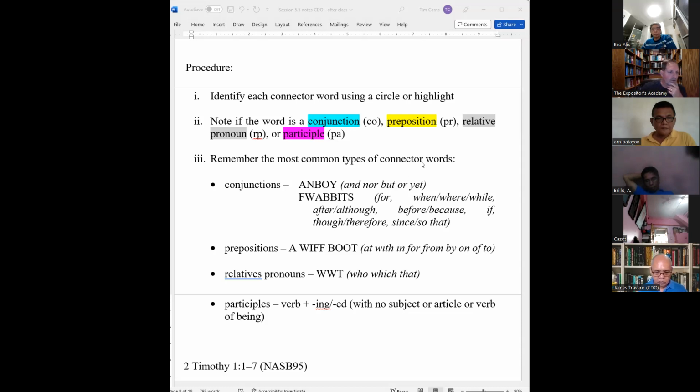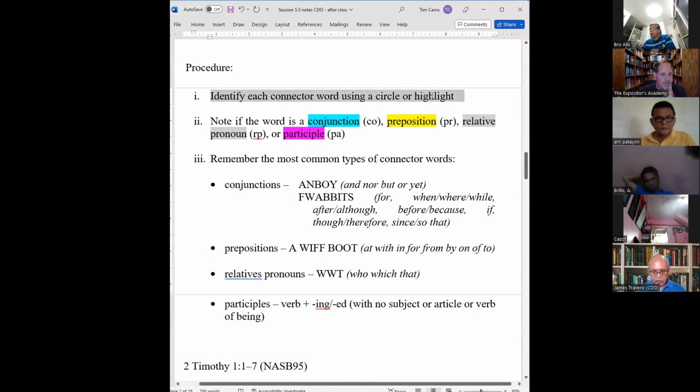Okay, so what we're doing here is we're going to identify, this is the point of the assignment, each connector word, circling it, or my preference is to highlight it. What I mean by that is this.